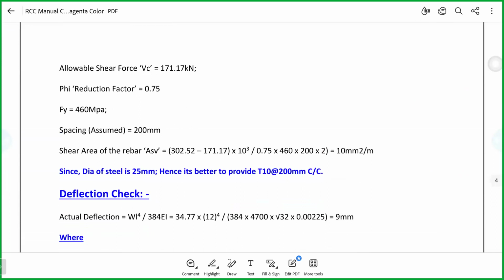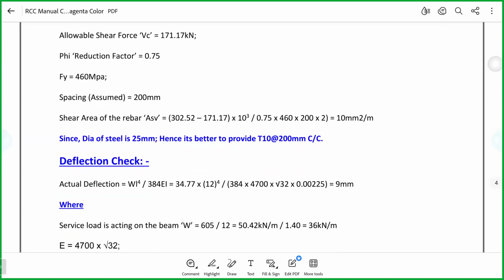And for spacing, I'm assuming, because you know that in constructability, spacing is 100 millimeter, 125, 150, 175, 200. Nobody goes more than 200 millimeter spacing between the reinforcements in general, as per constructability. But according to the code, it should not go more than 300 millimeters. So all should be less than 300 millimeters.